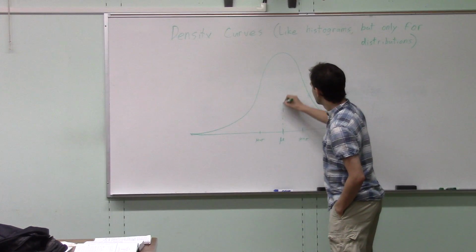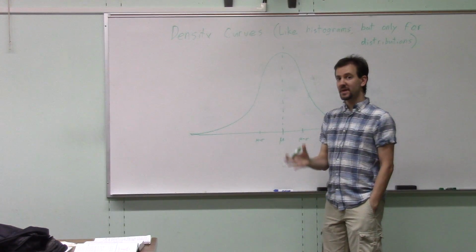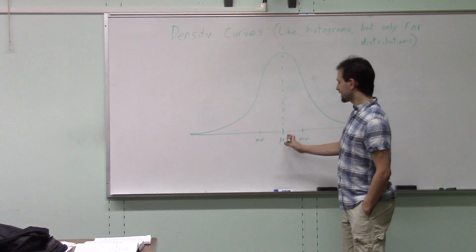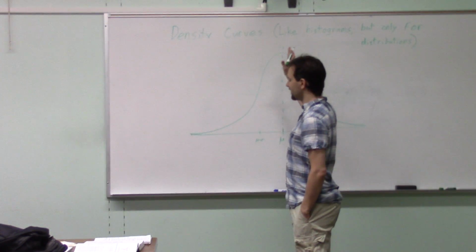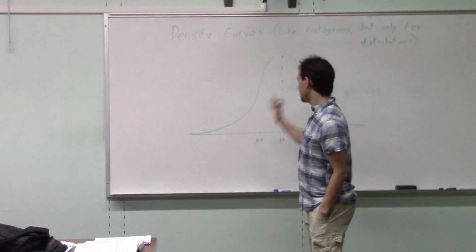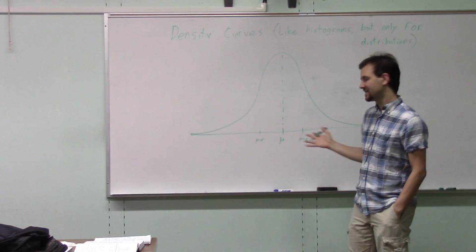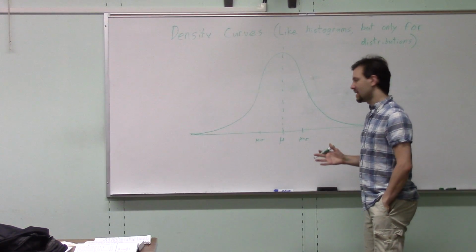First of all, since it's symmetrical, the mean is exactly where the median is. The mean result is the 50th percentile. 50% of everybody will have a negative z-score, 50% of everybody in such a distribution would have a positive z-score.